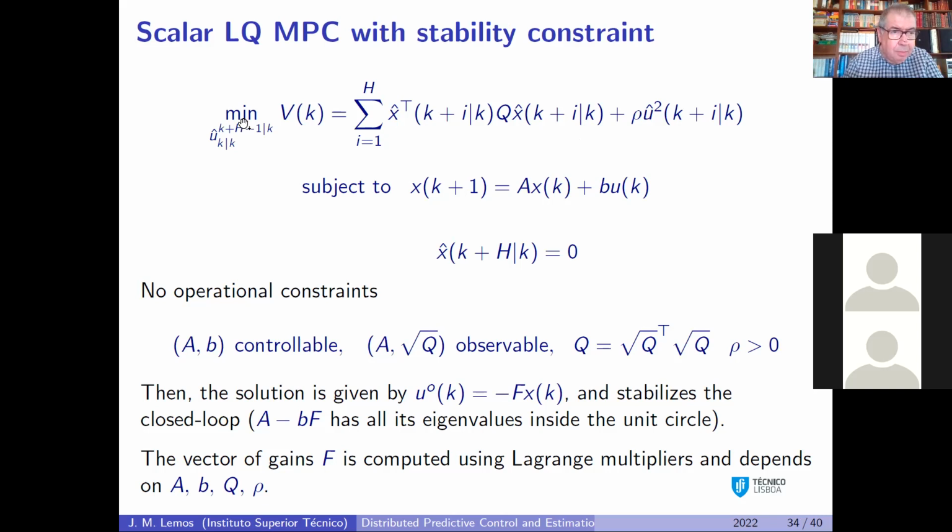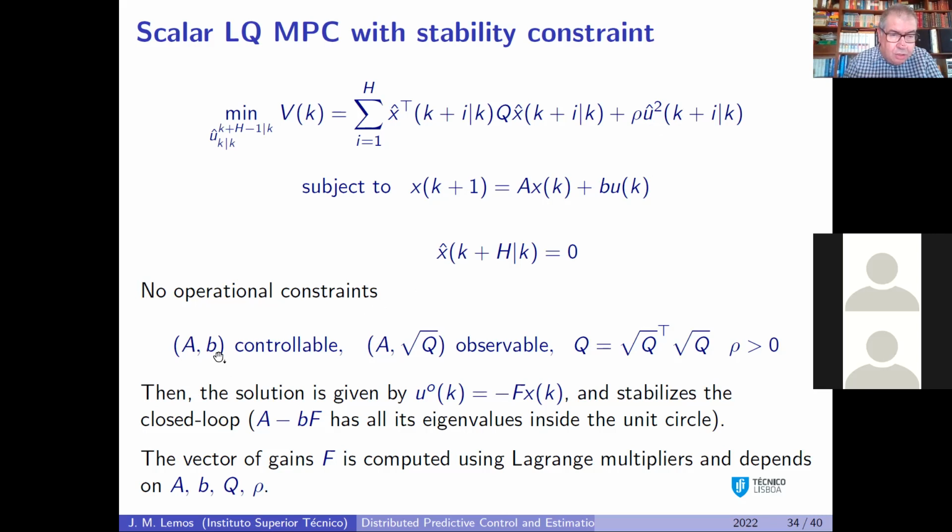I want to minimize over the sequence of predicted values of U this quadratic function, subject to the dynamics, and imposing the terminal condition on the state. I have no operational constraints, so there are no minimum and maximum values on U or the state.